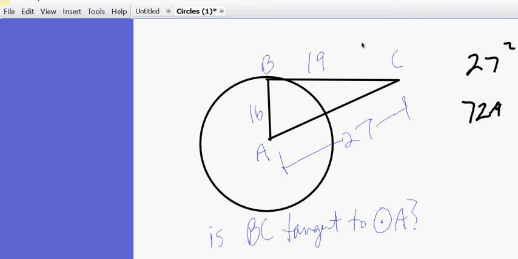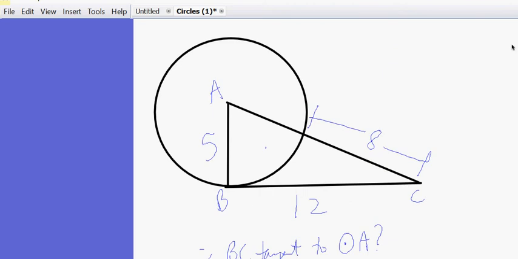Okay, equals 16 squared plus 19 squared. 16 squared was 256. 19 squared, 361. Okay, so these add up to 617. Those are not equal. So therefore, the answer is no. If it's not a right triangle, it cannot be a tangent line at that point. All right, let's look at the next slide.